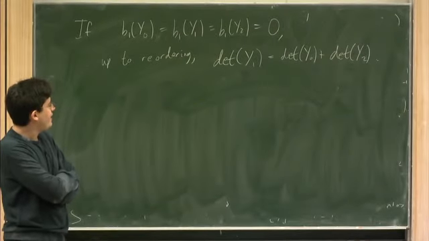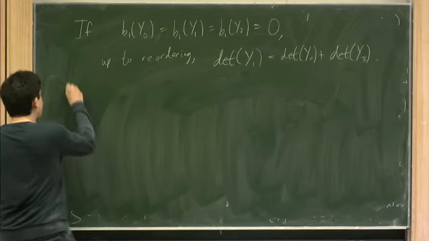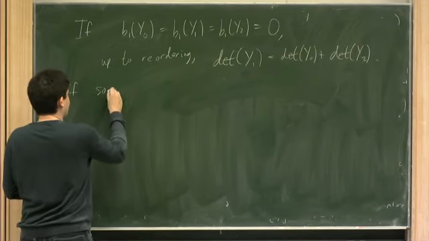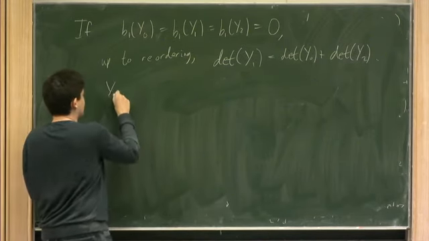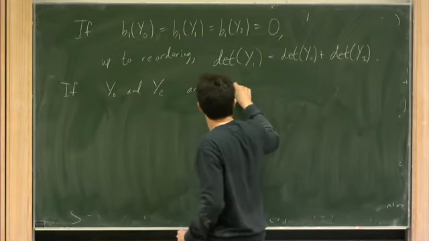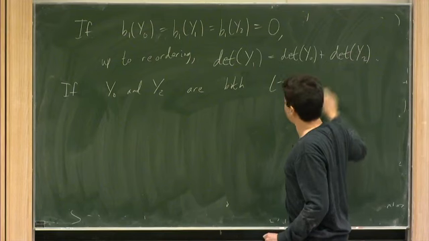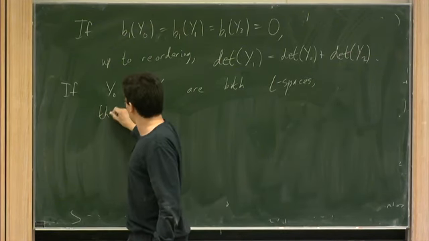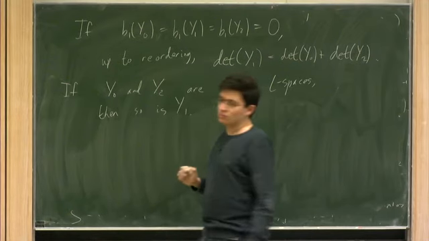Now let's make the following observation. If y0 and y2 are both L spaces, then so is y1.